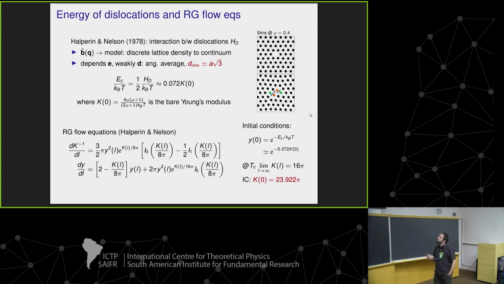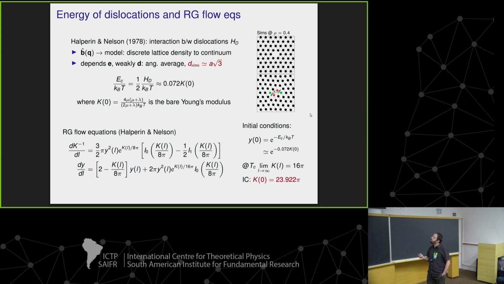At the end, we estimate the core energy of a dislocation as half this interaction between pairs of dislocations, and it depends only on the bare Young's modulus. That depends on the Lamé coefficients we've calculated earlier. So now we have the core energy of a dislocation and the bare Young modulus.